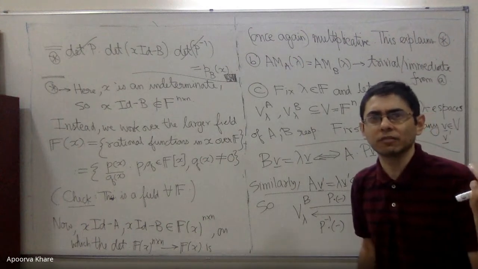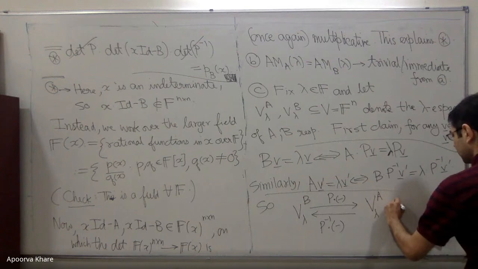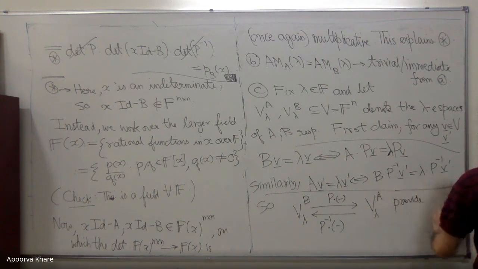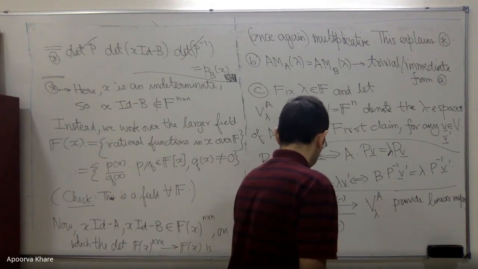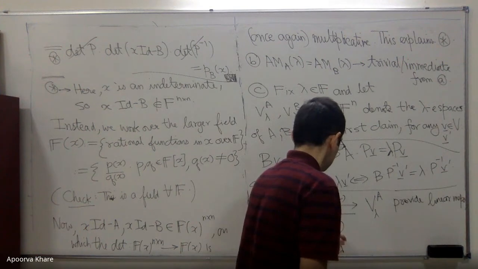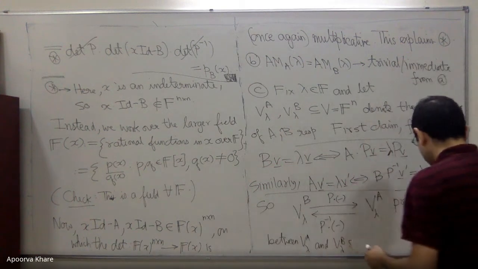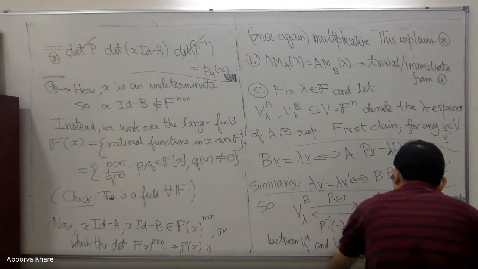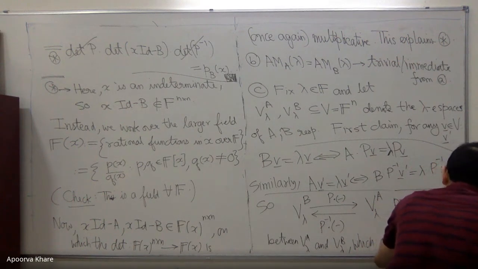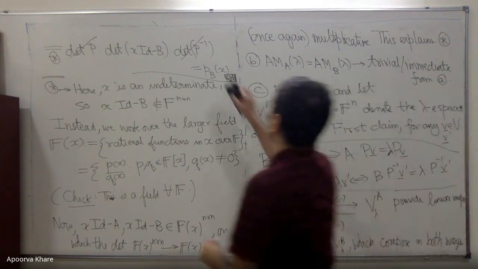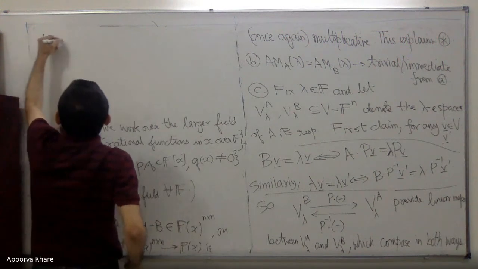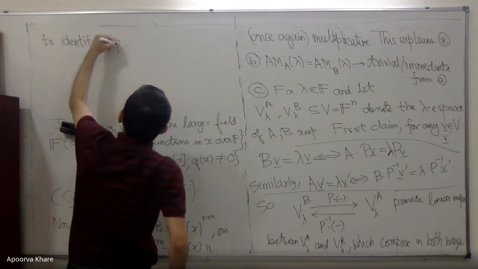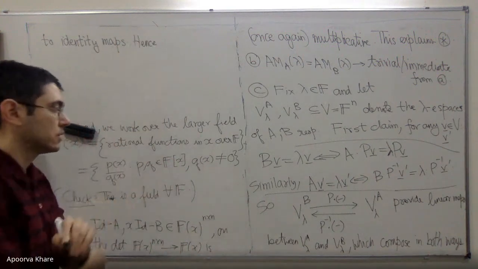In fact, that's part of the category theory definition. We provide linear maps between V lambda A and V lambda B such that the compositions in both directions are identical, which compose in both ways to the identity maps, and hence they are isomorphic.